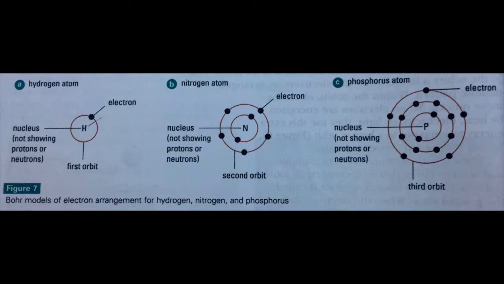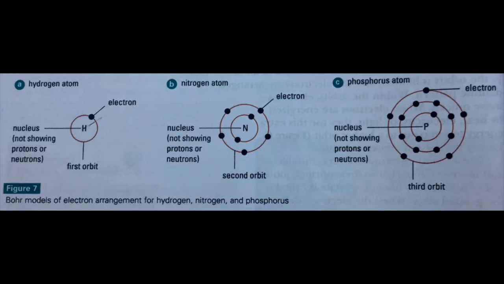The element nitrogen, symbol N, which has an atomic number of 7, has 7 electrons. 2 electrons are in the atom's first orbit, and the remaining 5 are in the second orbit.